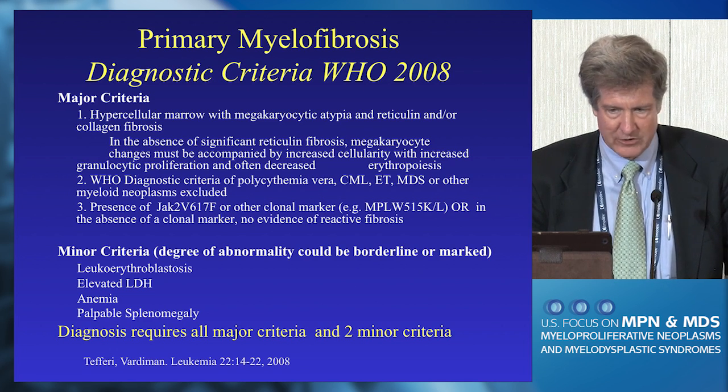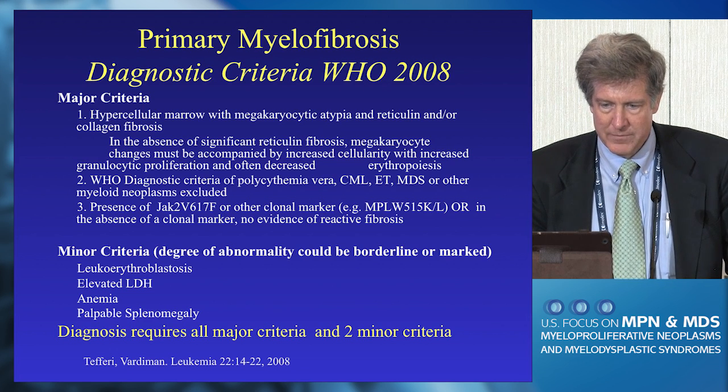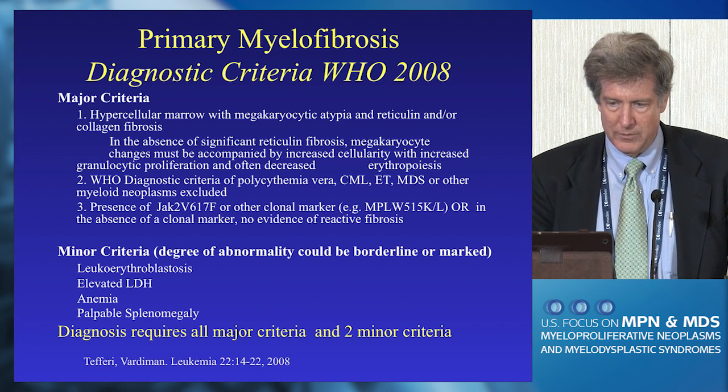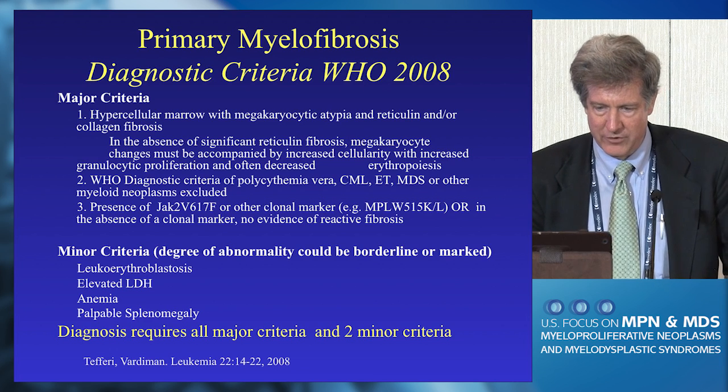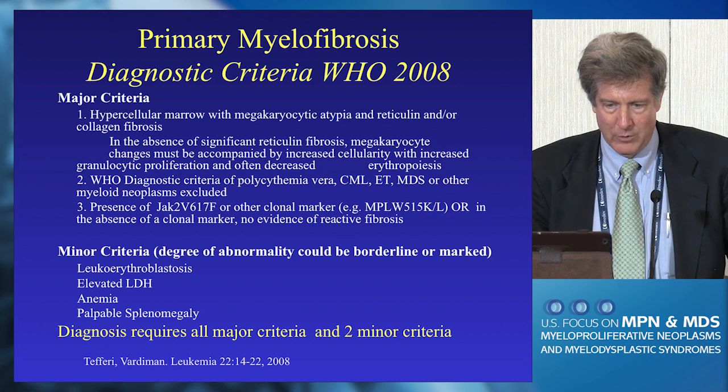Again, as in essential thrombocythemia, other MPNs had to be excluded, and there needed to be the presence of either the JAK2 mutation or other clonal markers, and/or in the absence of these, no evidence of reactive fibrosis.